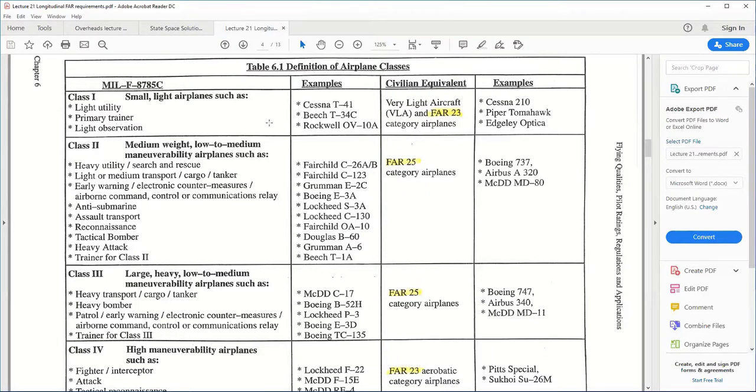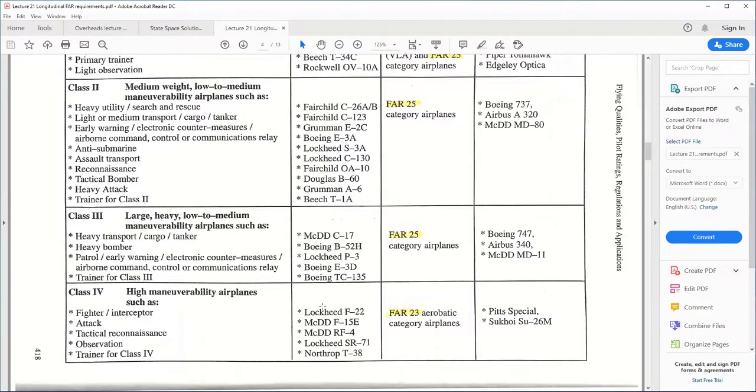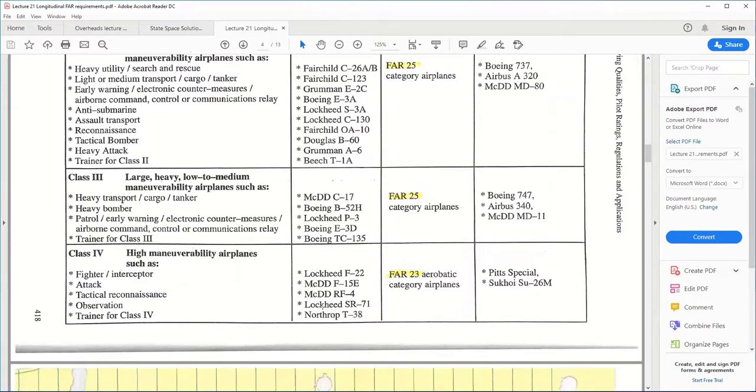So it shows some more examples of the class aircraft, class 1, part 23, like the Cessna, the Beech, T-34, small light, class 2, whole bunch of airplanes here, so you can get an idea. These fall under part 25. Part 25 for the large aircraft or the big stuff, like the 747. Then highly maneuverable, like a fighter, interceptor, attack, tactical reconnaissance, trainer, or observation.